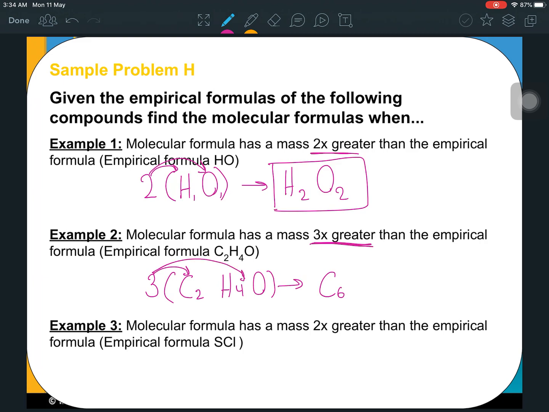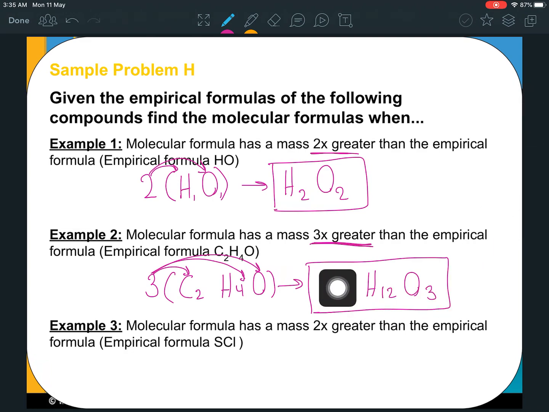Multiply 3 by 4. It'll give you H12. And then multiply 3 by oxygen. It'll give you 3 oxygens. So there we go. That's our molecular formula. And if you actually went ahead and did the math, you would see that this molecular formula is 3 times heavier than the empirical formula. Okay?